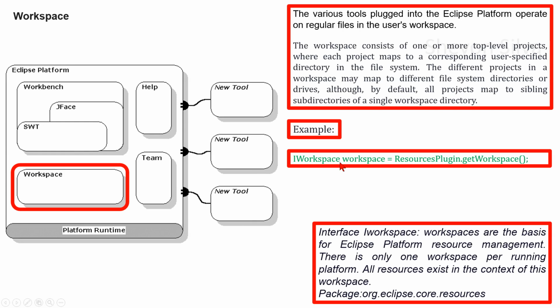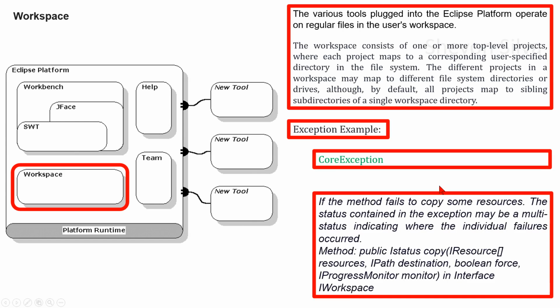IWorkspace is in package org.eclipse.core.resources. As an exception example, we can consider CoreException. If the method fails to copy some resources, the status contained in the exception may be a multi-status, indicating where the individual failures occurred.